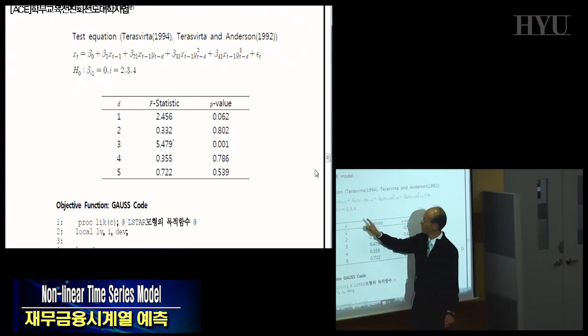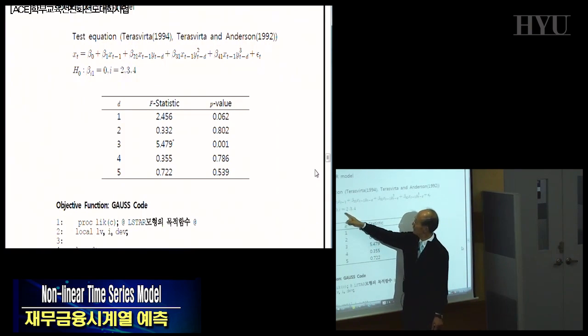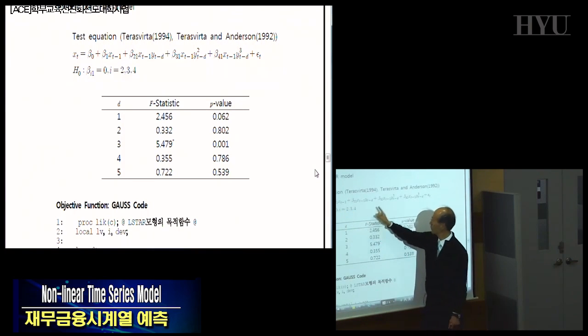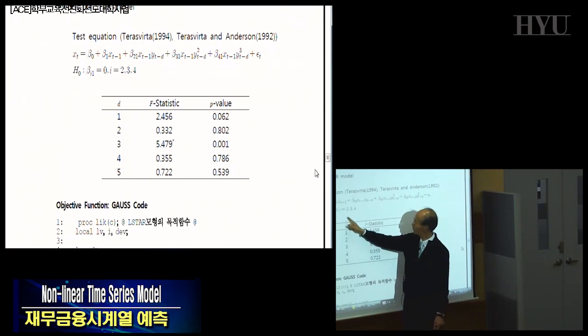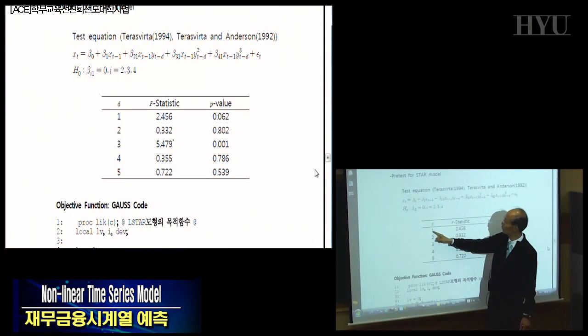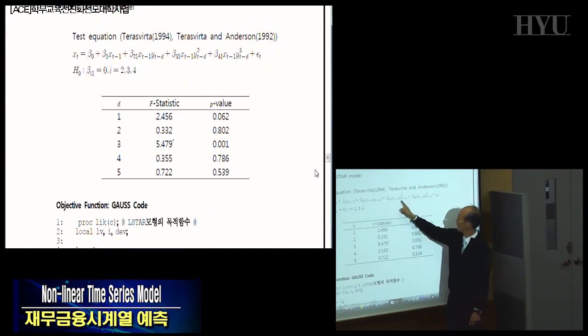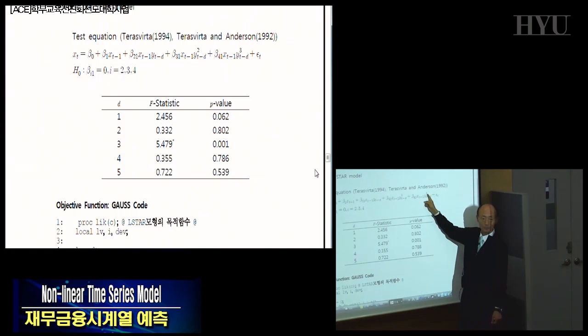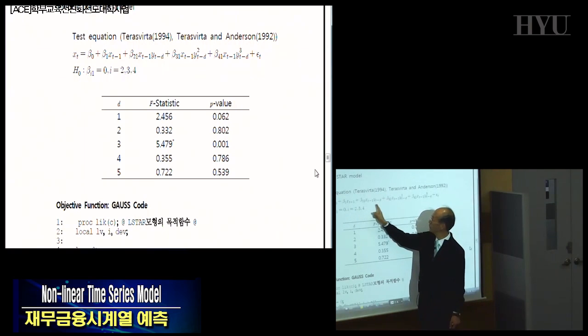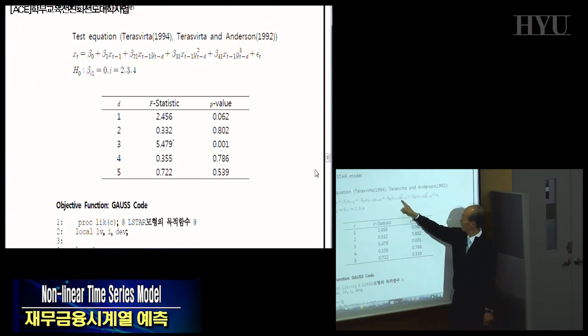So first try, let's say, d equals 1. Then this is x t minus 1, x t minus 1 squared, x t minus 1 cubed. If it is 2, x t minus 2, x t minus 2 squared, and so on.